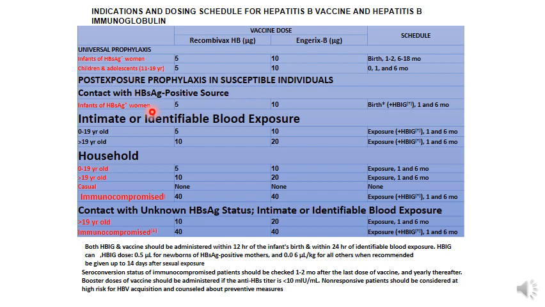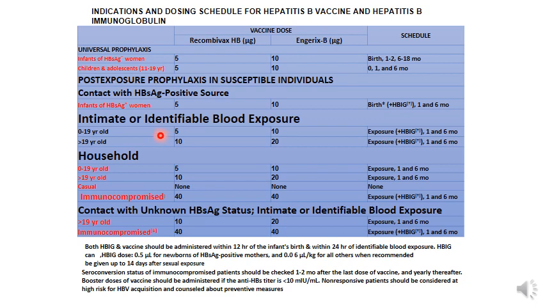So the infant here, if the mother was positive, should receive vaccine and immunoglobulin at 1 and 6 months, within 72 hours.